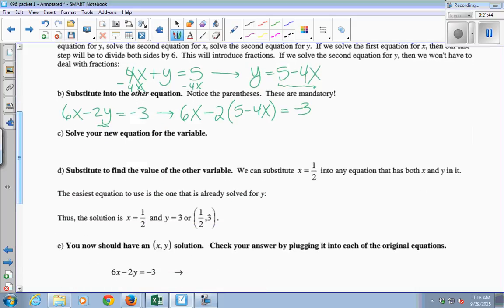So the first thing I would do is maybe distribute that -2. So I have 6x minus 10 plus 8x equals -3. Combine like terms on the left side. 6x plus 8x is 14x.